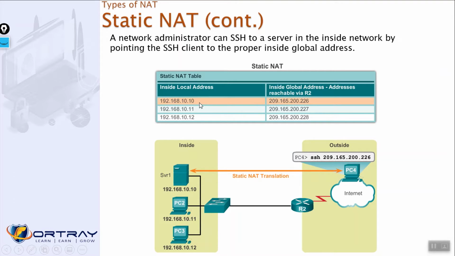The actual inside local IP address is 192.168.10, but the inside global IP address is 209.165.200.256. You will be SSH to this address, and then it will be translated to this. That is why we need one-to-one mapping when you translate to one host all the time. Every time you want to go outside, you get one IP address.